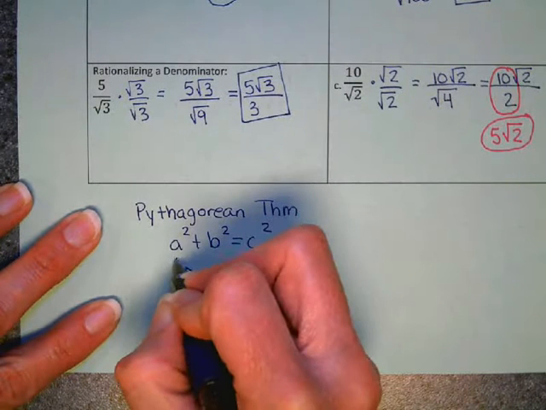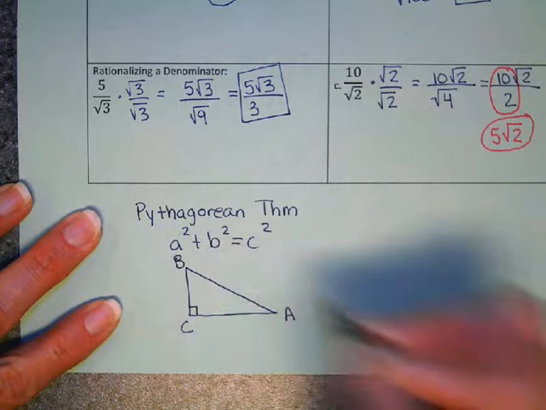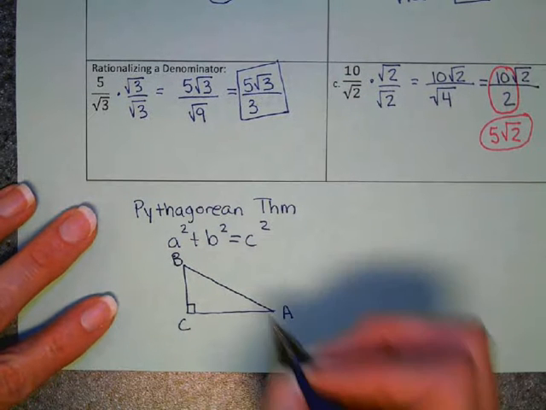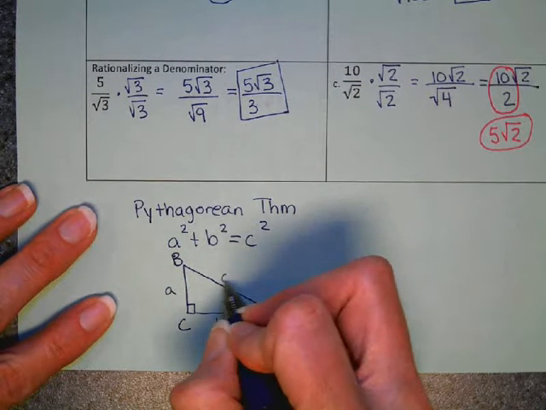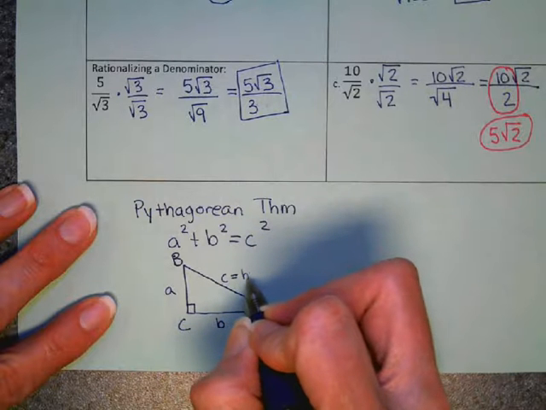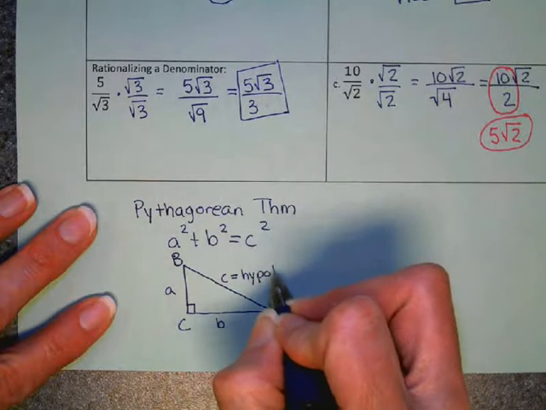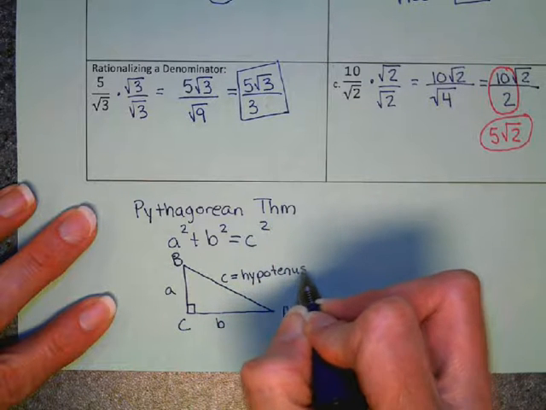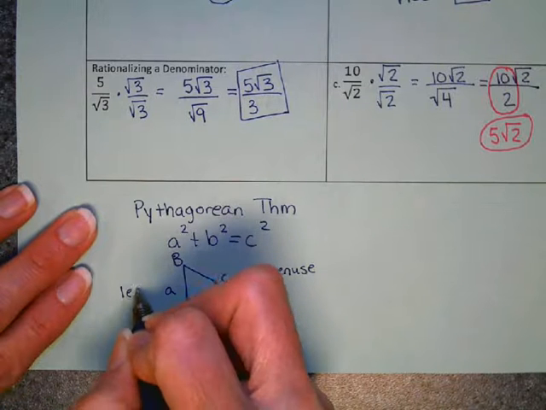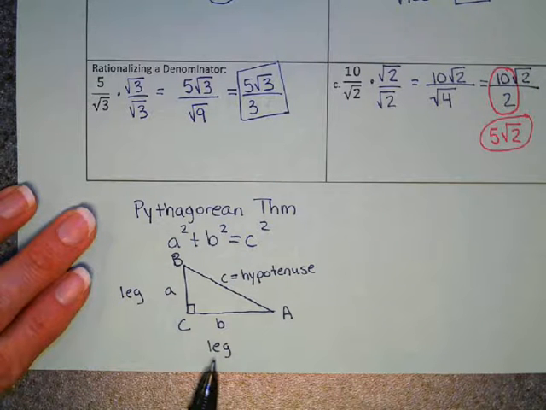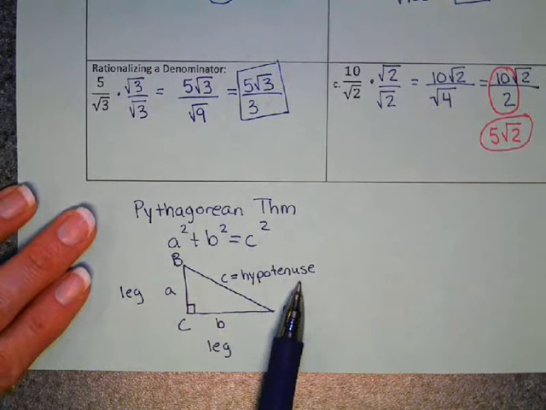So if we have a triangle, this is the little a, this is the little b, this is the little c. The c is always the hypotenuse. The other sides are called the legs. So it's the leg squared plus the leg squared equals the hypotenuse squared. Just so we're all clear how to set that up.